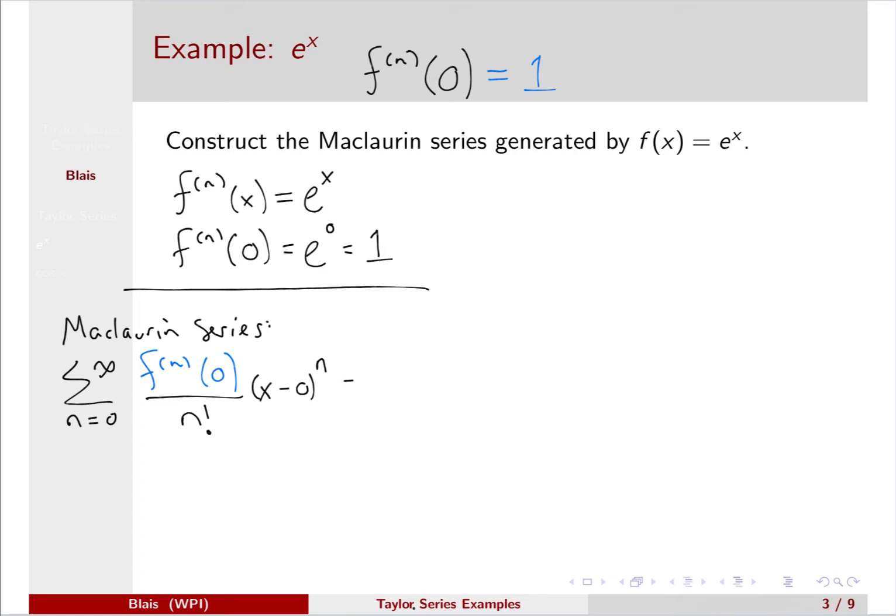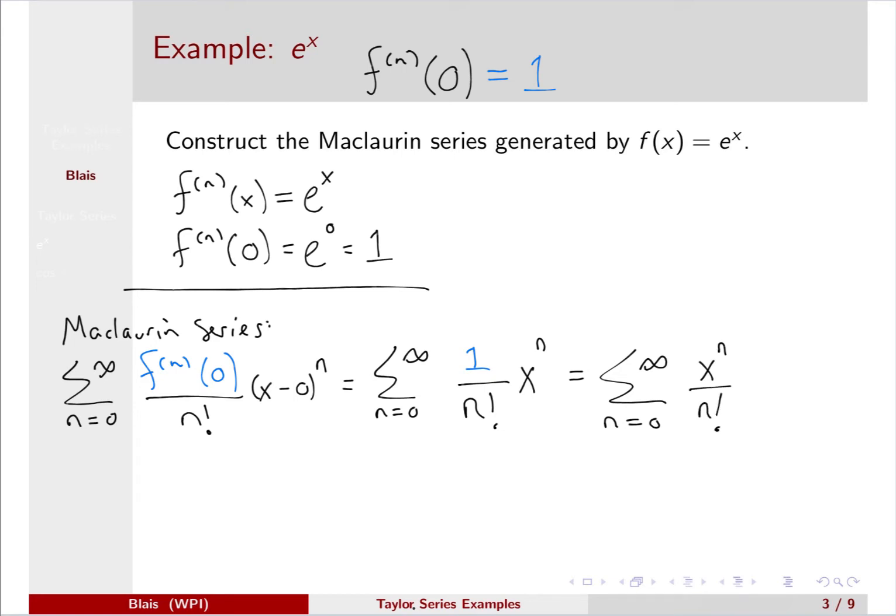Plugging in, we see we have the sum n going from 0 to infinity. We use our result of 1 for that nth derivative of f at 0 over n factorial times x to the n, or more simply, the sum n goes from 0 to infinity, x to the n over n factorial.